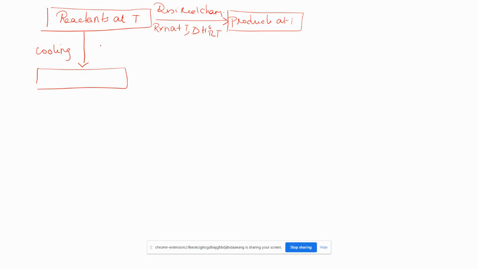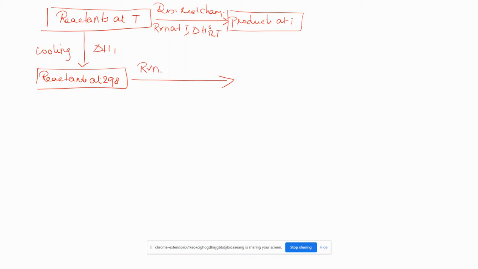The enthalpy change related to the cooling is called delta H1. The reactants are cooled from T to 298 Kelvin.